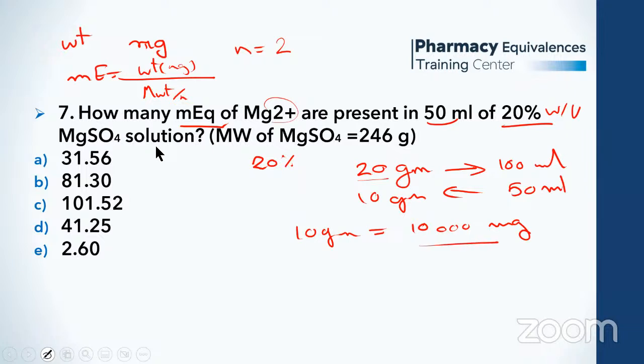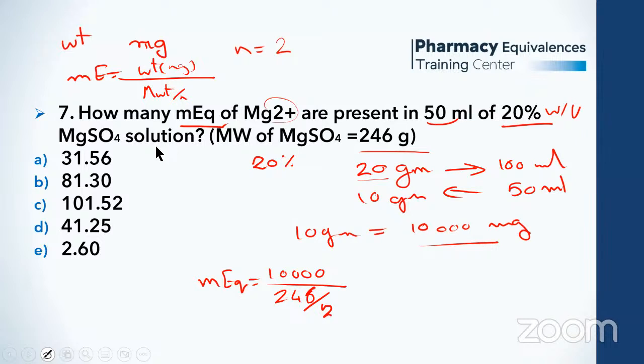Then apply the formula of milliequivalents. Milliequivalents equal the weight, which is 10,000 milligrams, over the molecular weight that we have, 246, over the small n. Don't forget the small n, which is 2.